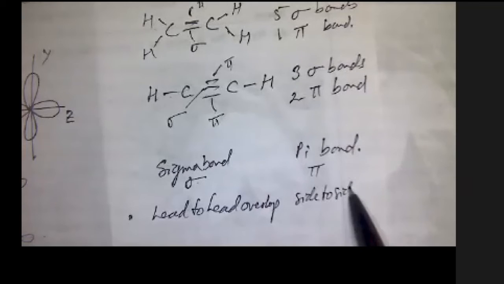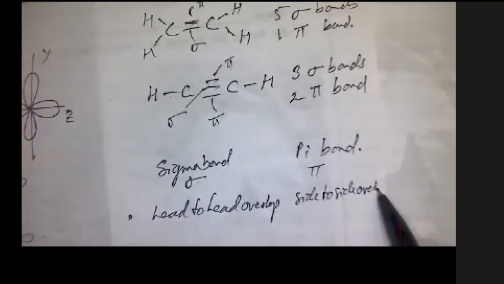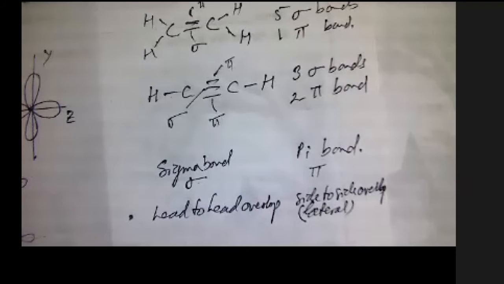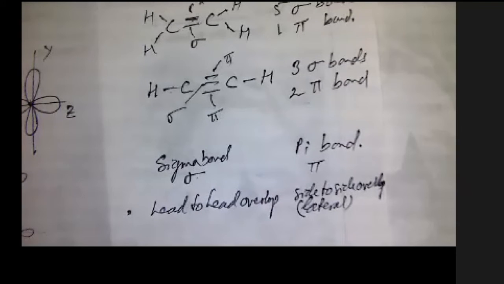And pi bond, side to side overlap, or lateral overlap. Side to side overlap or lateral overlap. The second point, I've told you, when can they be formed? Whenever sigma bond is formed.